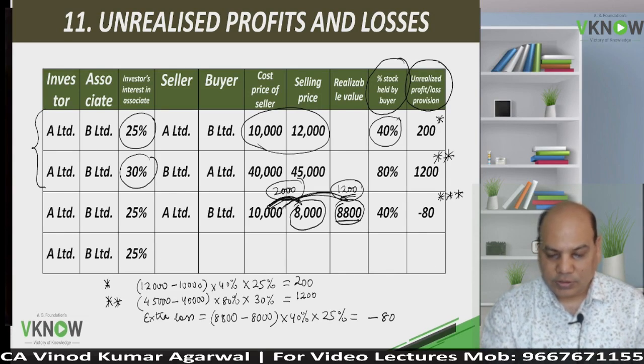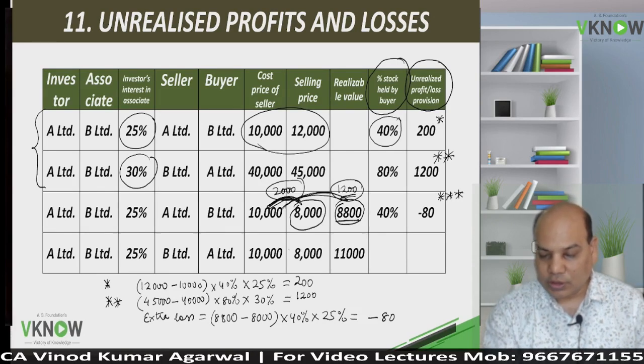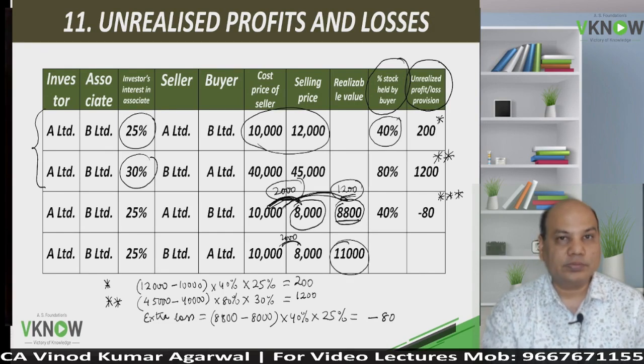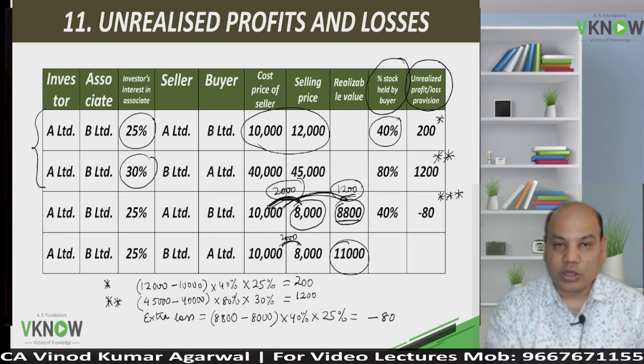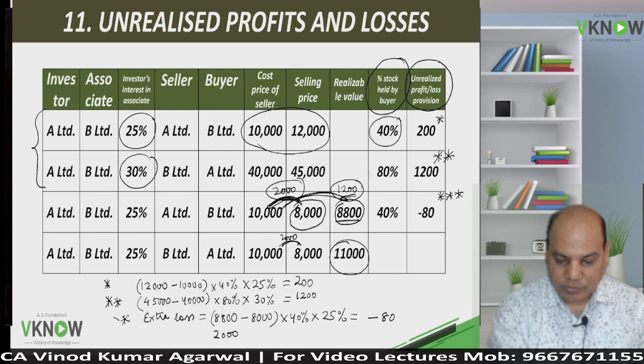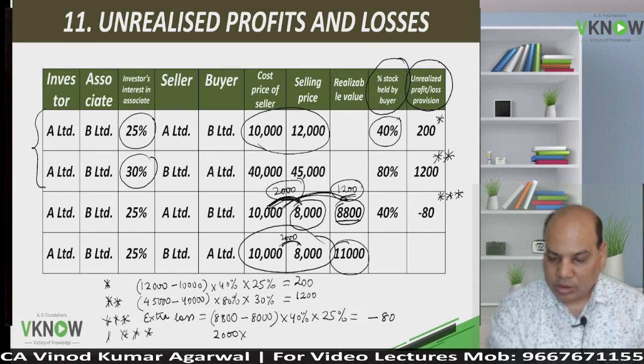And one last case: 10,000, 8,000, the loss is 2,000. Market price is 11,000. So the entire loss is bogus loss. The entire loss is wrong. 2,000 rupees loss into 40% into 25%.